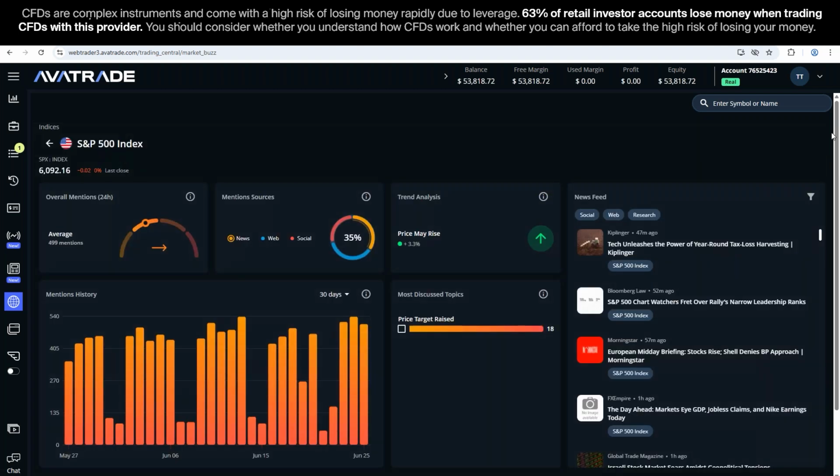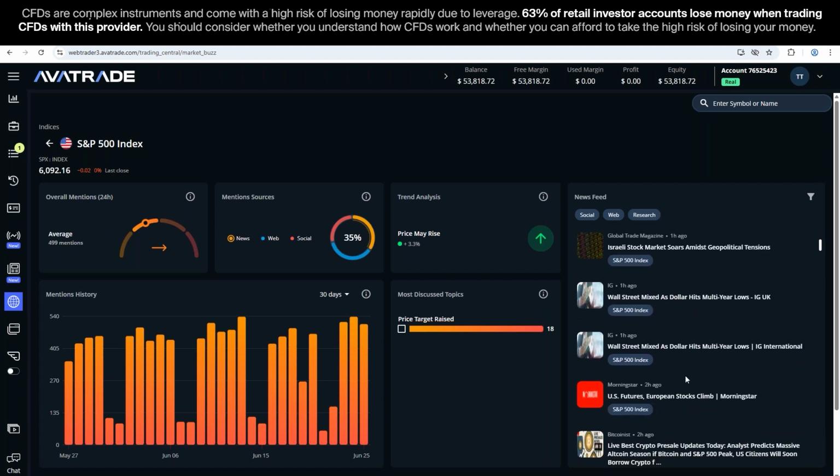So you can use these tools to solidify in your mind trades that you think might make sense from a fundamental perspective. And I can start to read articles that relate to the S&P 500 as well. Wall Street mixed as dollar hits multi-year lows. Well, don't stocks rise easier if the US dollar is weakening? If people are selling the US dollar, what are they buying? Many times they're buying the stocks.